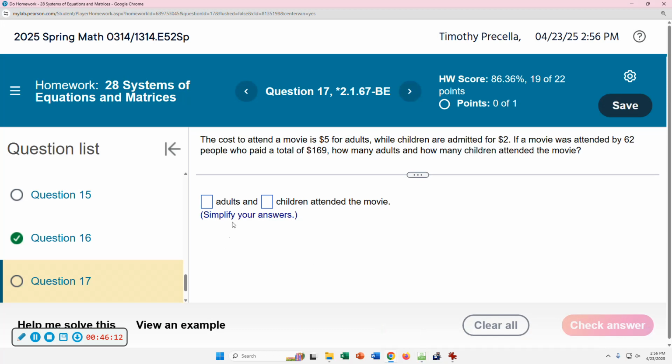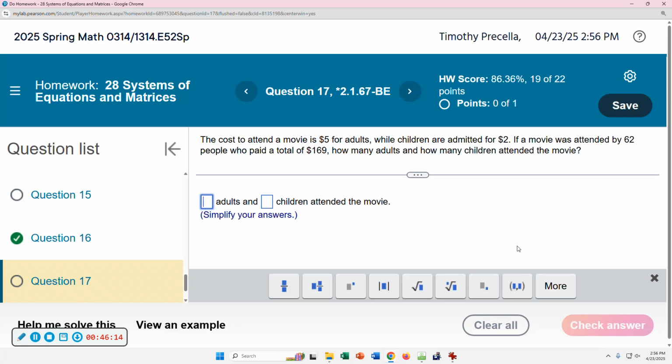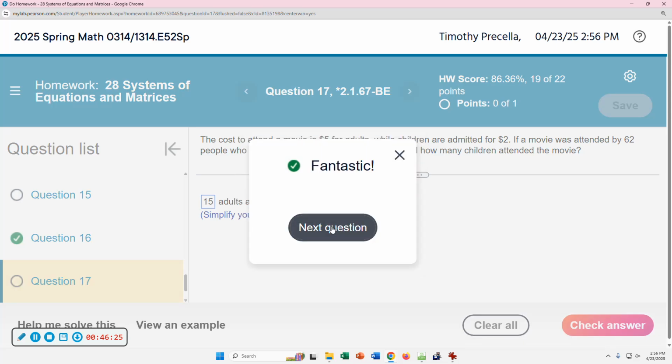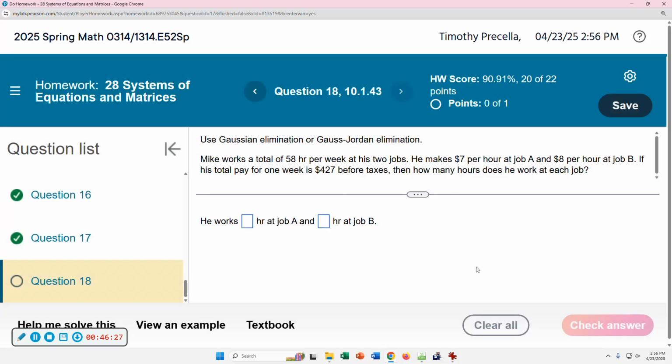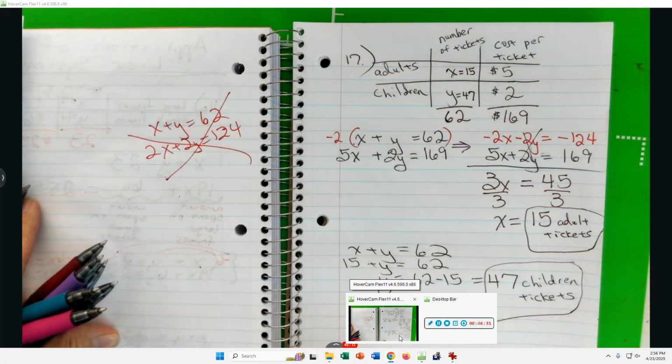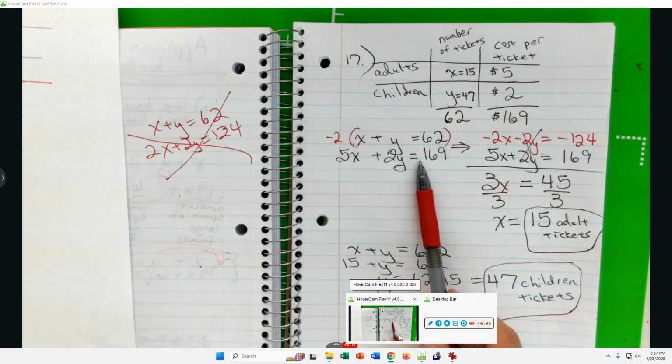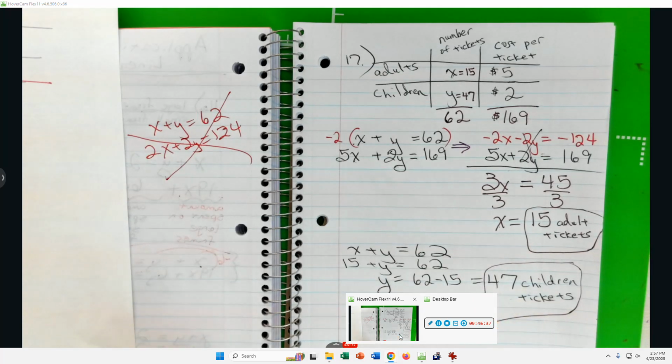Once again, I say two unique equations because you can't just find the first equation, x plus y equals 62, and then multiply by 2 to get 2x plus 2y is 124. No, that's just the same equation multiplied through by a factor of 2. You need two different equations if you're going to have a unique solution. Any questions there?